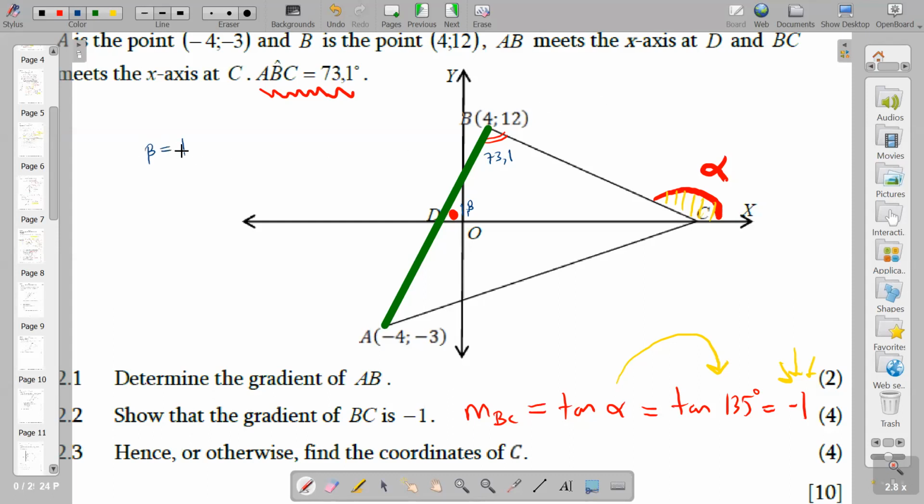Beta is tangent inverse of gradient AB, which I already got in the previous step. And alpha is, exterior equals sum of two interior angles, so alpha is my answer for the angle of inclination of AB plus 73.1. Okay, that will be my alpha, and that must be, by the way, 135.